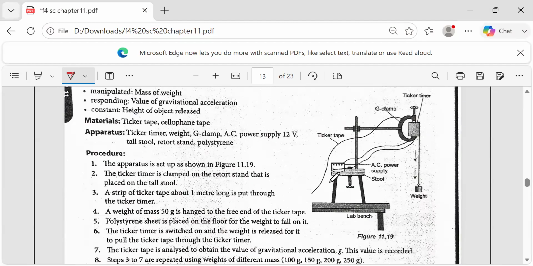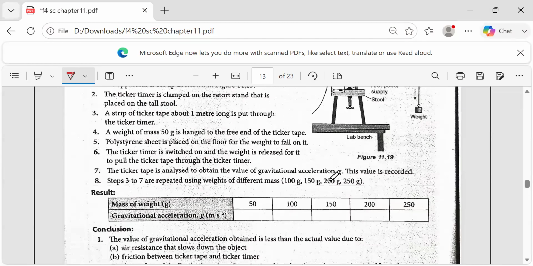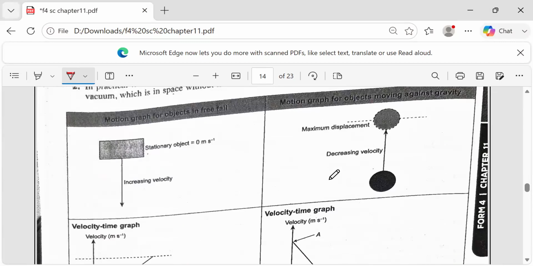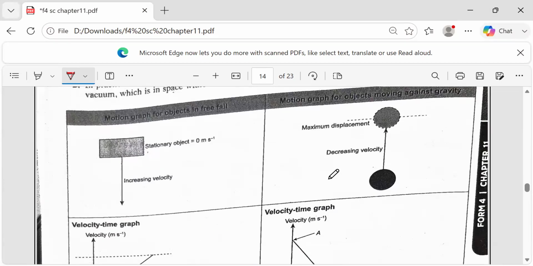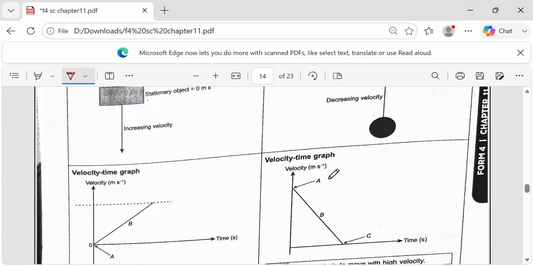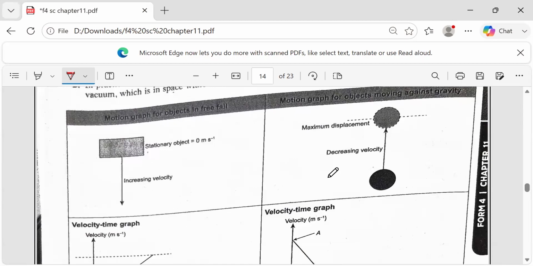Okay, so if I drop anything from the top and I drop it down, it will get faster and faster. Why? Why will the speed be faster and faster? Because the acceleration is always 10 meter per second per second.